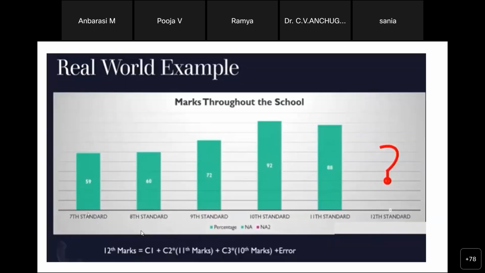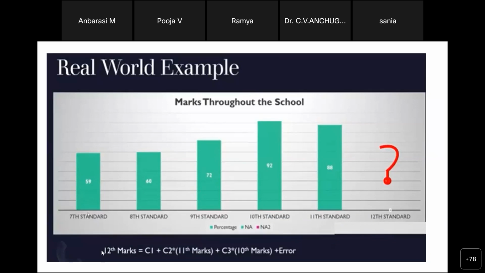For example, suppose you have a student's marks details throughout school. In the 7th standard, the student got 59 marks, and in the 8th class, 60. Similarly, for 9th, 10th, and 11th we also have some marks.